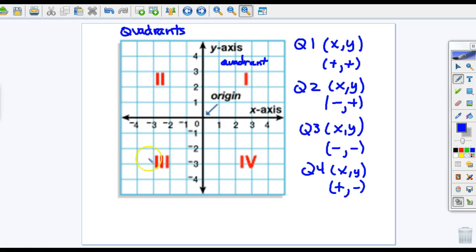We always want to go counterclockwise, starting with the top right as quadrant 1, positive, positive, quadrant 2, negative, positive, quadrant 3, negative, negative, and quadrant 4, positive, negative. Make sure you have all this copied down. If you haven't already, push pause. If you have already got it copied down, we can go ahead and continue.